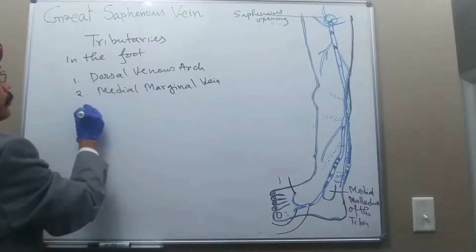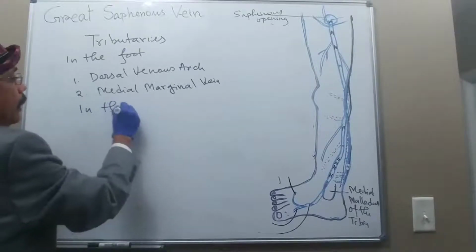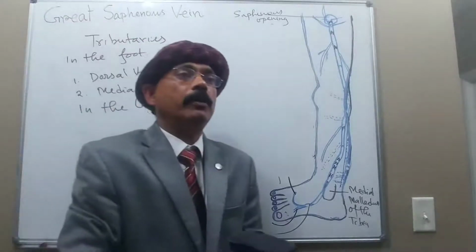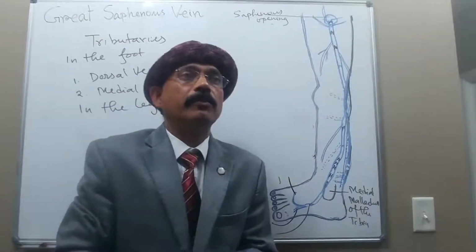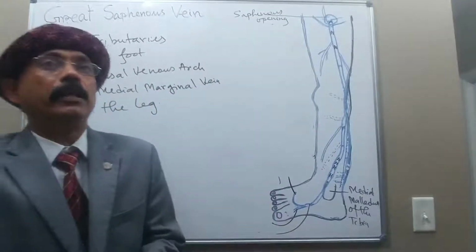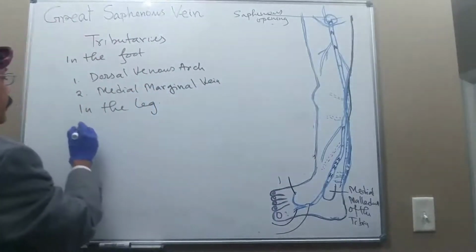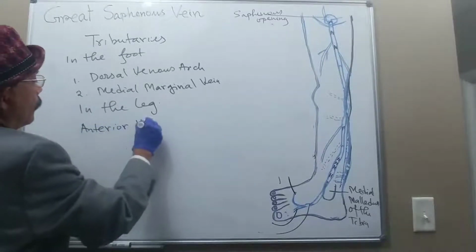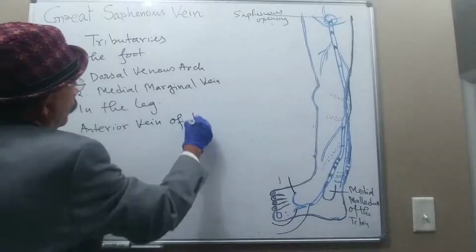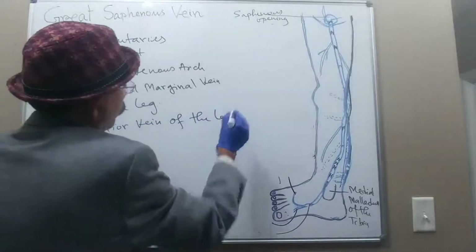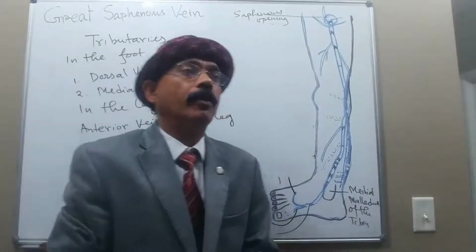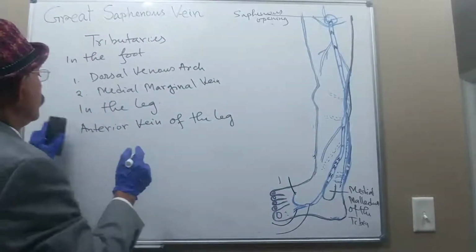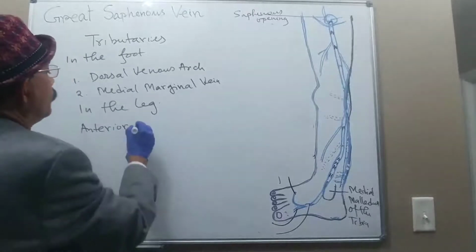Now we have the tributaries in the leg. In the leg, we have the anterior vein of the leg, also called the anterior cutaneous vein of the leg.